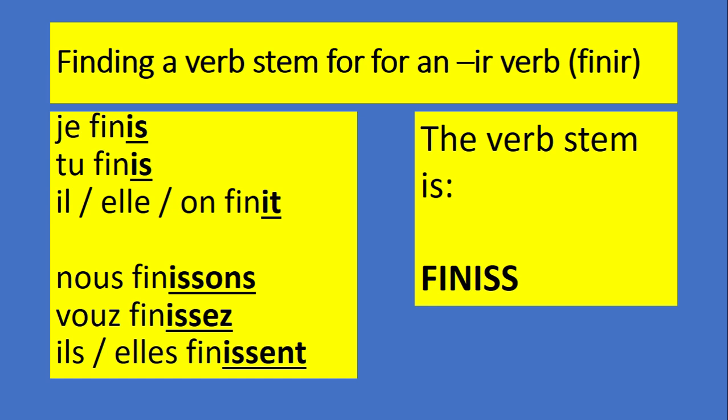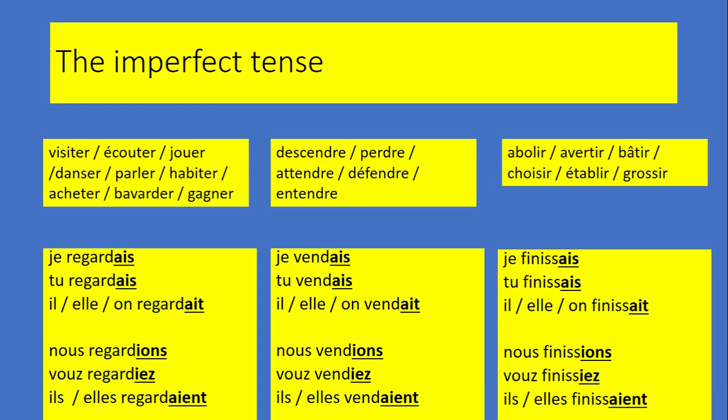If you want to remember it a different way, for ER and RE verbs, take off the ER and the RE for the stem, and for IR verbs, take the ONS off the nous form. But now you're having to remember two separate rules rather than just one standard rule, which is nous form, present tense, minus the ONS, add the imperfect endings AIS, AIS, AIT, etc., etc.